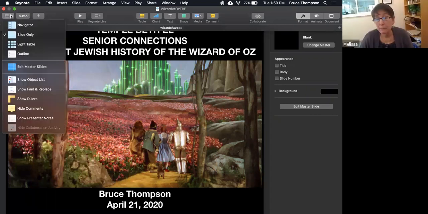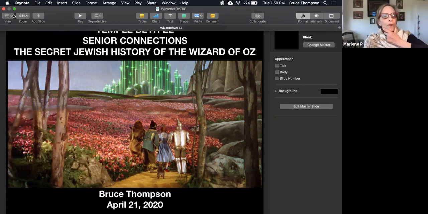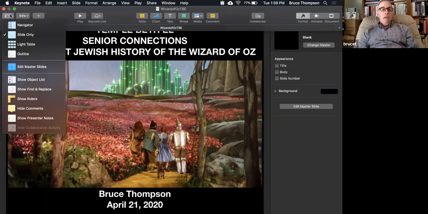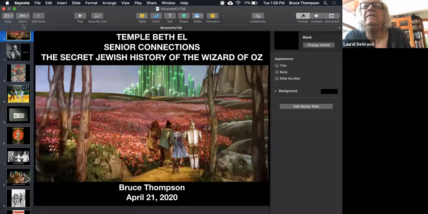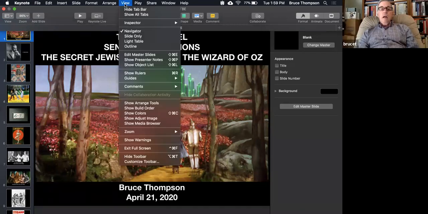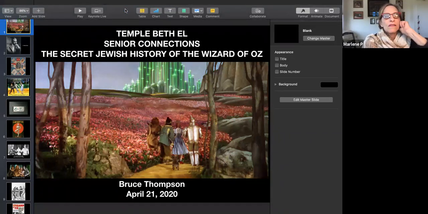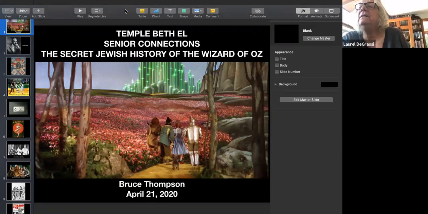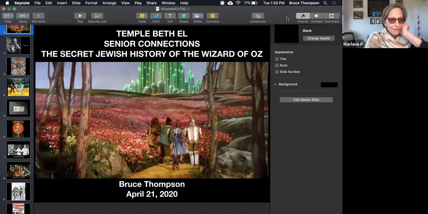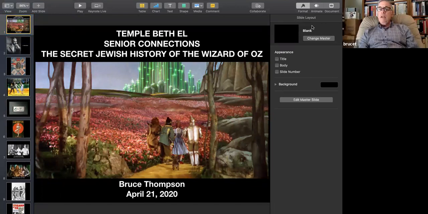Hide, and do full screen. Is there something that says hide tab bar? Is there a way to minimize it? Oh, what have I done?